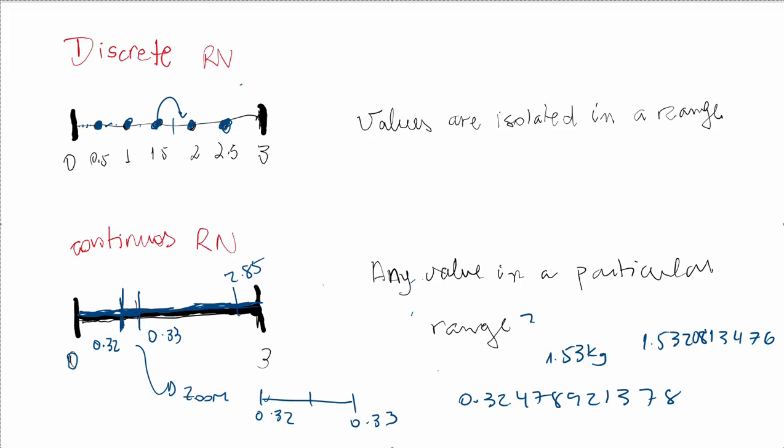This is quite interesting because when we learn about continuous random variables, we understand that our measurements in the world are never exact.